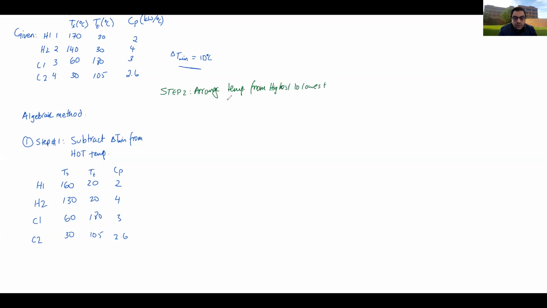Okay. And then after this, I'm going to define intervals and calculate summation of CP hot minus summation of CP cold. Okay, let's do it. So how do I define what's my highest temperature here? It's 180, right?